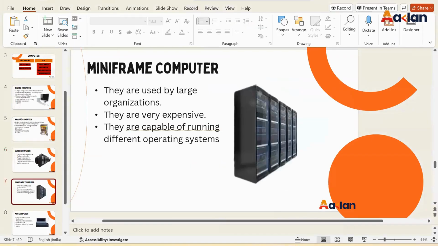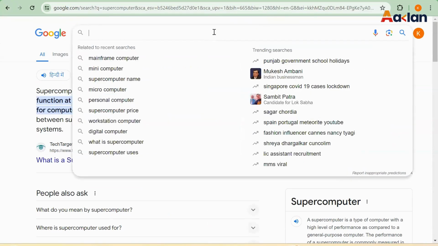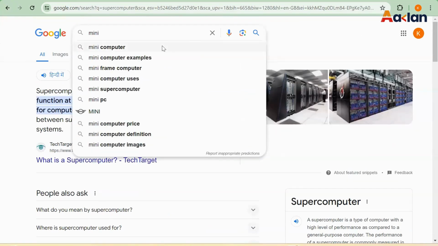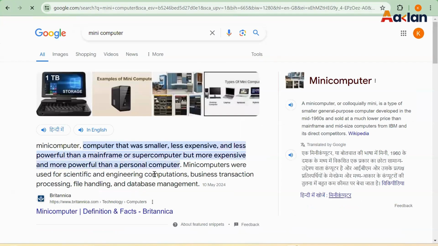Mainframe computer is smaller, less expensive, and less powerful than a mainframe or supercomputer, but more expensive and more powerful than a personal computer. And about personal computer, we will read in our next slide, right? It looks like that.